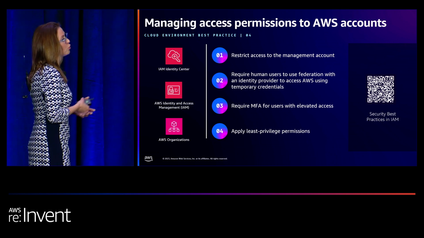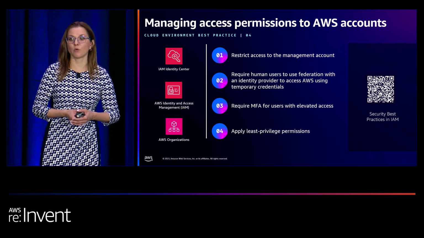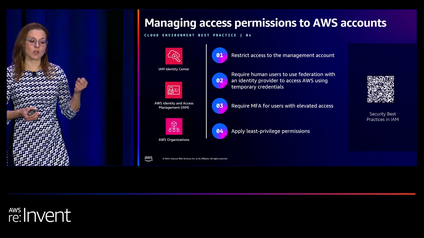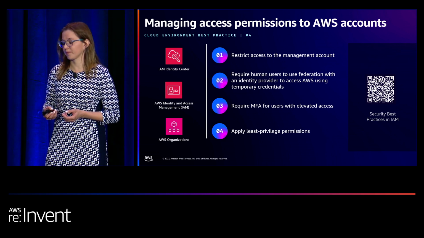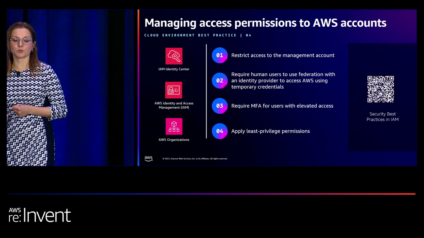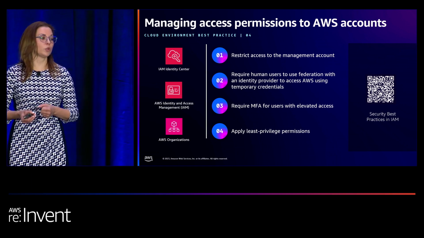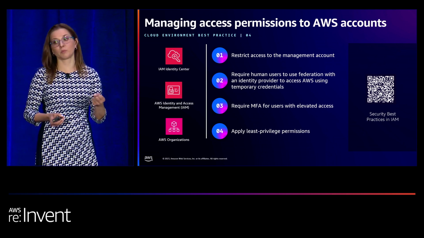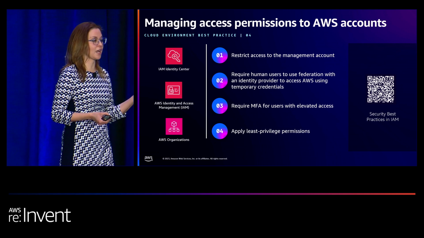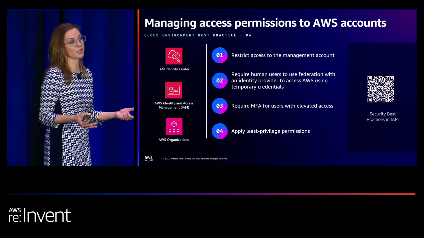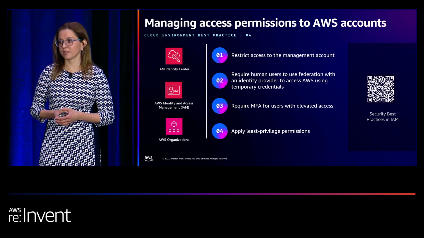Then in cases that you do need to have an IAM user or for root user, require multi-factor authentication for additional security. And finally, apply least privilege permissions. Only provide permissions that are required to complete a task. And you can use a service such as Access Analyzer to help you generate least privilege policies.